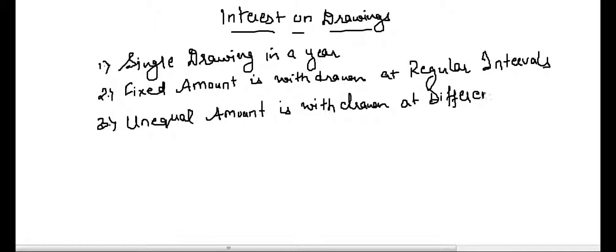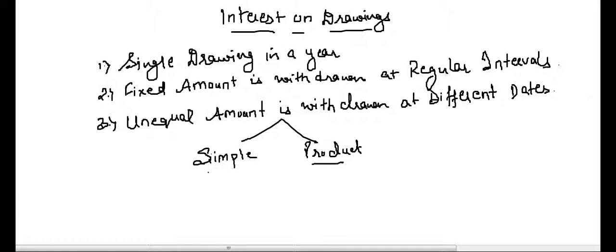That means the amount is not fixed and the intervals are not regular. At different dates. Clear? So we have two methods to solve this third case. One is the simple method and one is the product method.